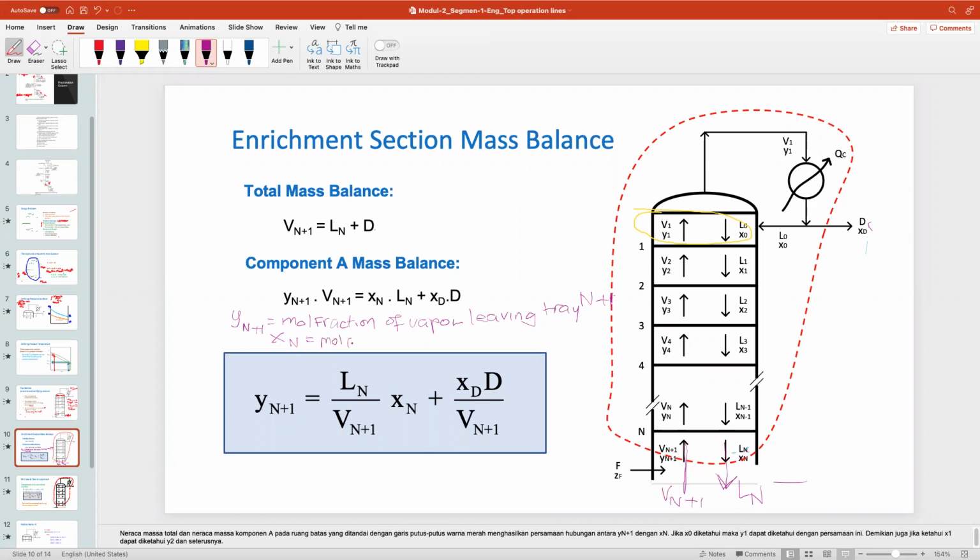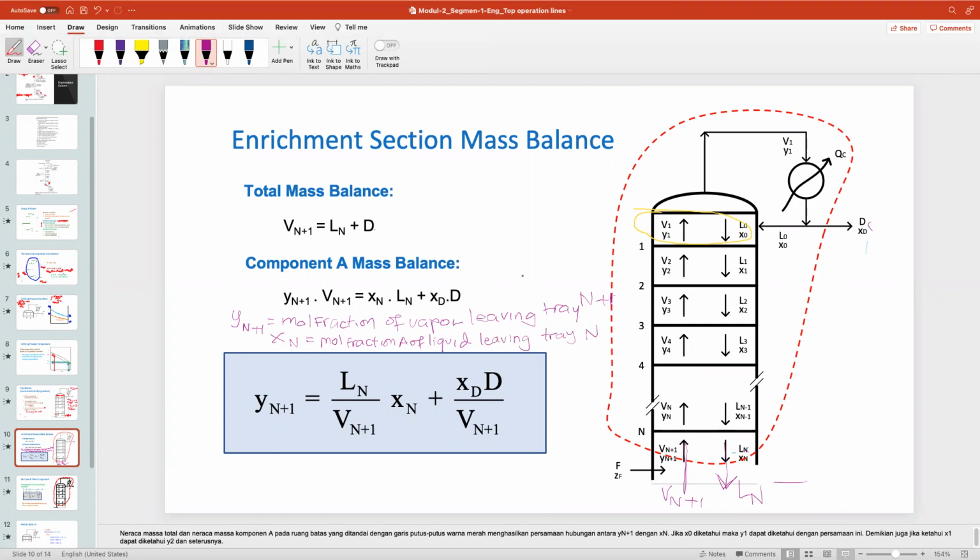So it is the mole fraction of A in liquid, because this is the component A mass balance. Is it leaving tray n, tray n plus 1, or n minus 1? I think it is from tray n. Yeah, that's good. Of course, because this is your first time reading this, it takes a while.